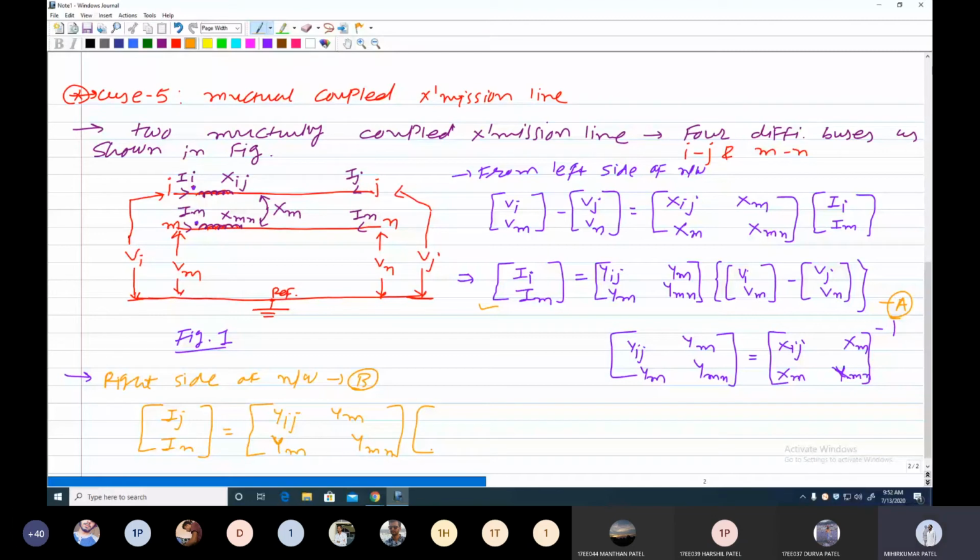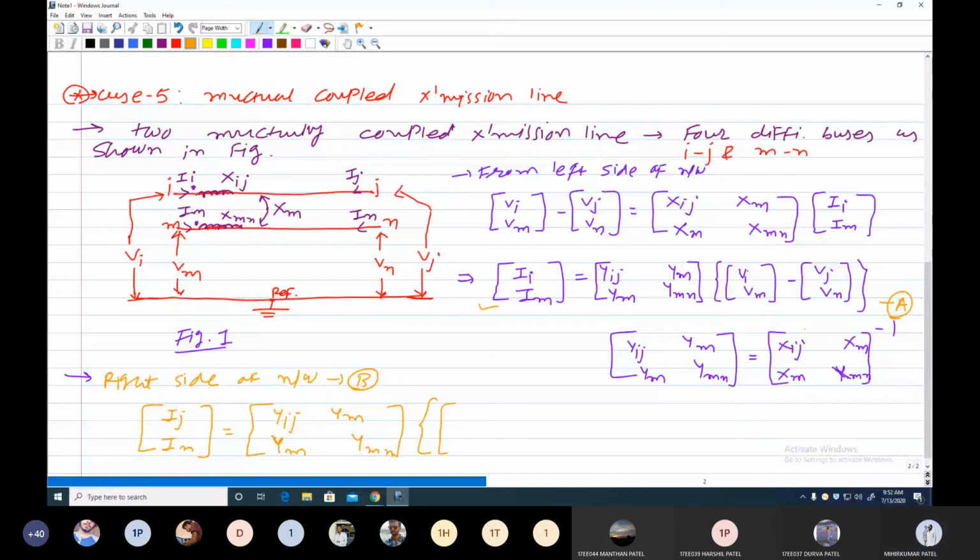Now, what is the value of this voltage matrix? Just compare these two. What is the value of this voltage matrix? Just change here.